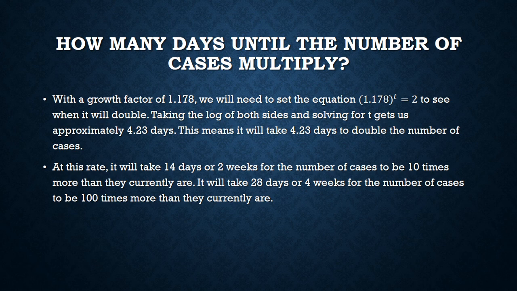At this rate, it will take 14 days, or 2 weeks, for the number of cases to be 10 times more than they currently are. It will take 28 days, or 4 weeks, for the number of cases to be 100 times more than they currently are. The way I did this was I took the equation 1.178 raised to the t power and set it equal to 10 and 100.